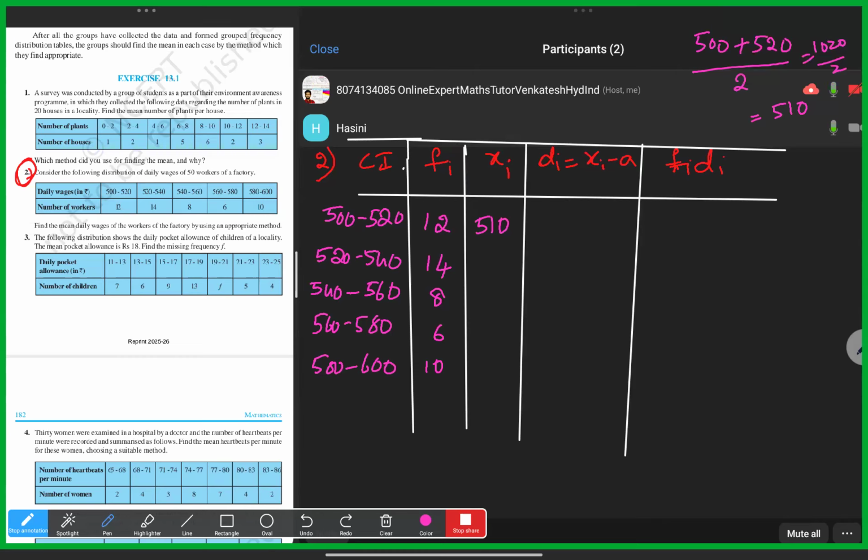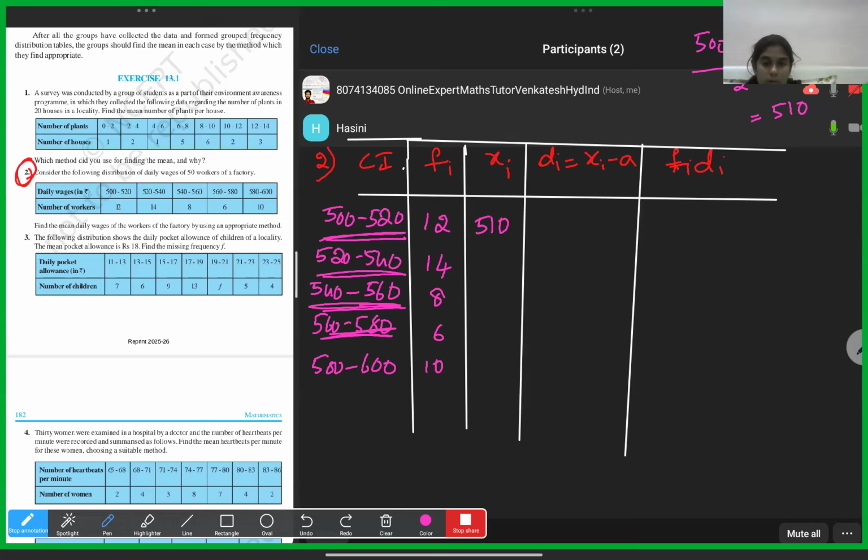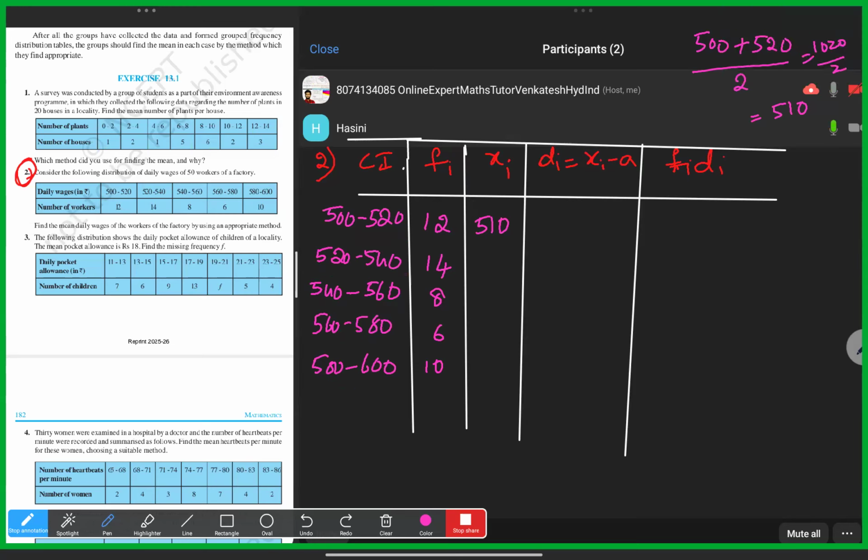What is the class size everywhere, the difference? 20 only, no? Yes, Hasni. But what is this number? 510. So 510 plus 20 is 530. Yes, that's fine.